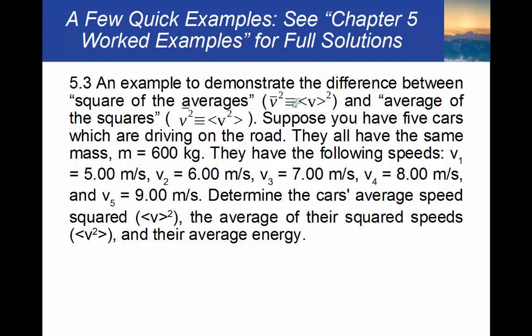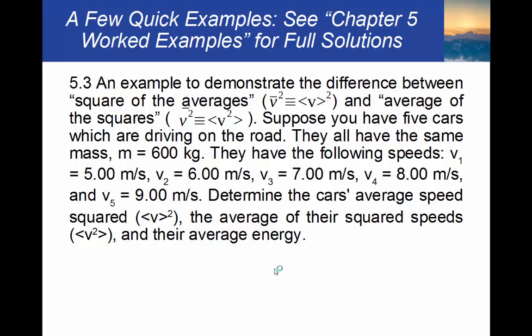In any case, this example is here to demonstrate the difference between taking the average of all the numbers and then squaring it, which would be this top thing, and on the other hand, taking the squares of all the numbers of some set and then averaging those.